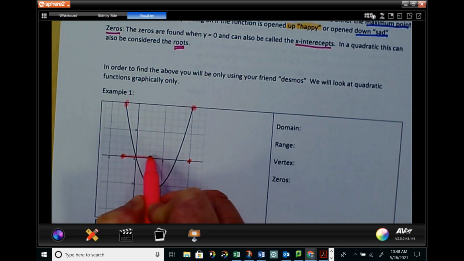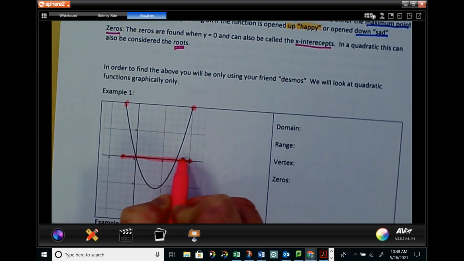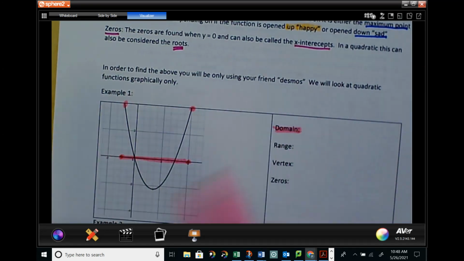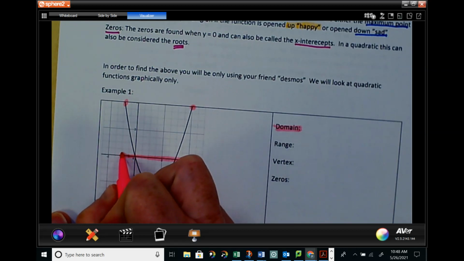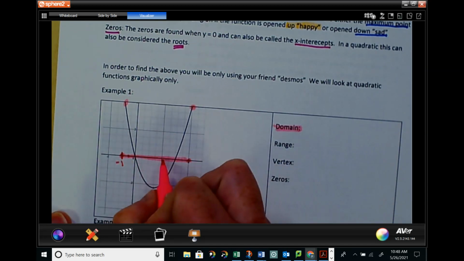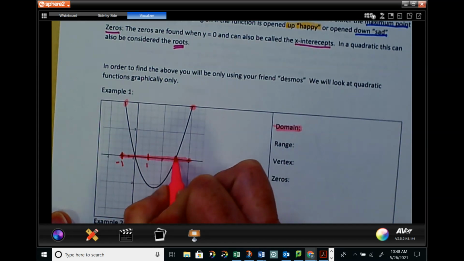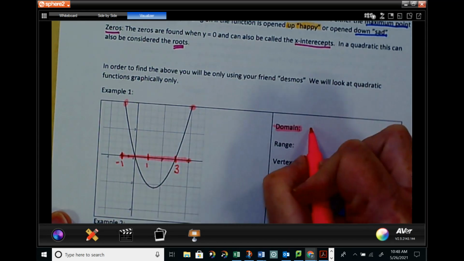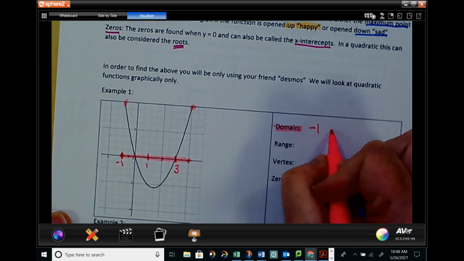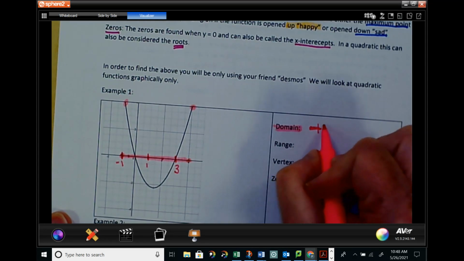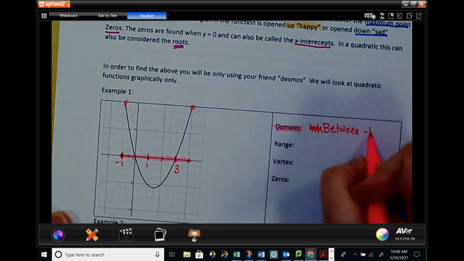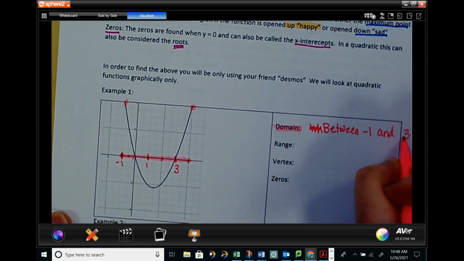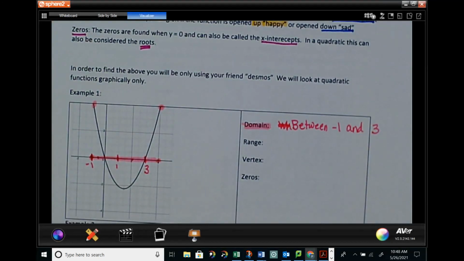For my domain, this counts by halves, so this is -1, this is 1, 2, this is 3. So my domain is between -1 and 3.